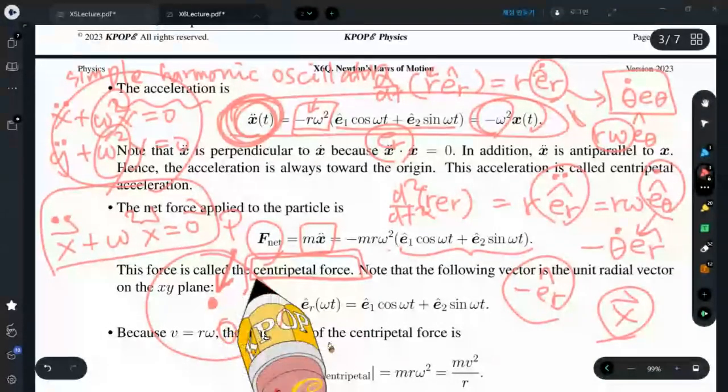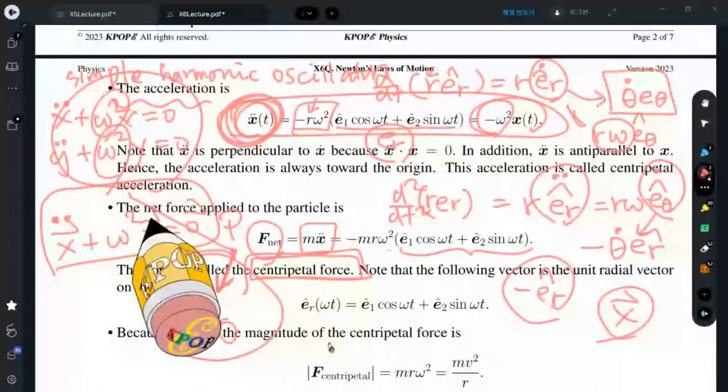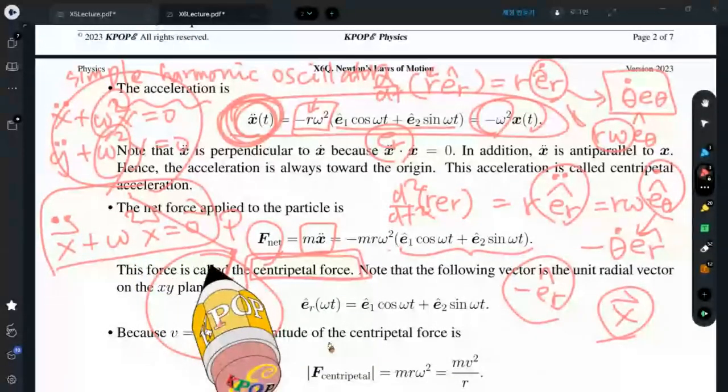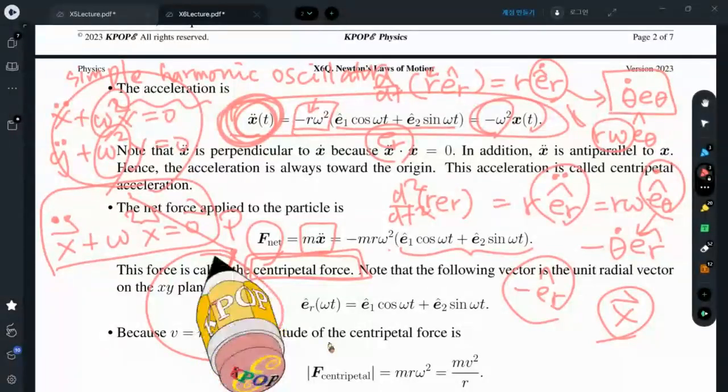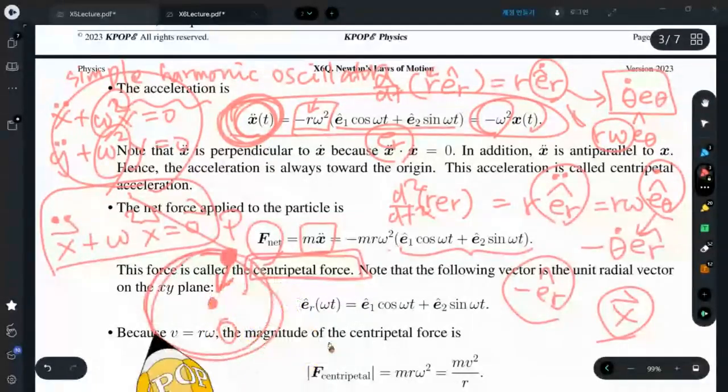Centrifugal force is something that is going out. That is when we describe this system in a non-inertial reference frame. For example, you are riding something that is making uniform circular motion.